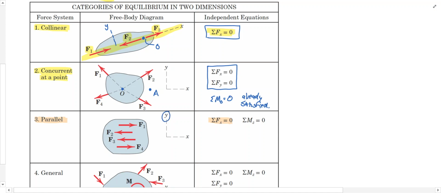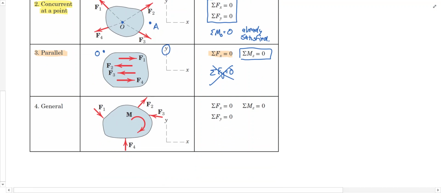It is not useful to sum forces in the y direction because nothing points in that direction. So that's not a useful equation. But it would be useful to take moments around a z-axis that passes through some point wherever you want to take it. Now, in general, as was already discussed in the introduction we did at the top, you have a combination of forces that are neither collinear, concurrent, or parallel, and you may even have applied couples, in which case you're going to need all three equations in order to solve it.